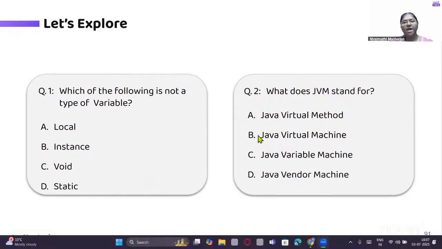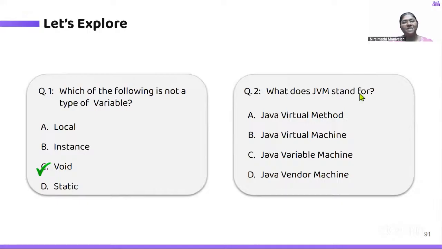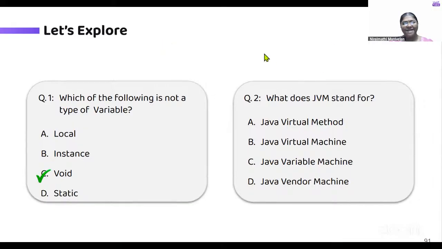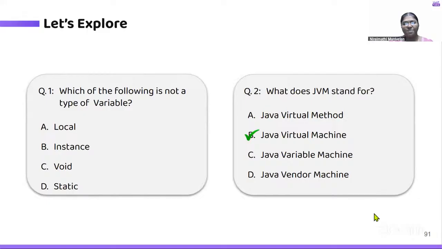And what does JVM stand for? Java Virtual Method, Java Virtual Machine, Variable Machine, Vendor Machine. Okay, Java Virtual Machine. Very good. Perfect, teachers. That's correct. Java Virtual Machine. Thank you, teachers. Let's move ahead.